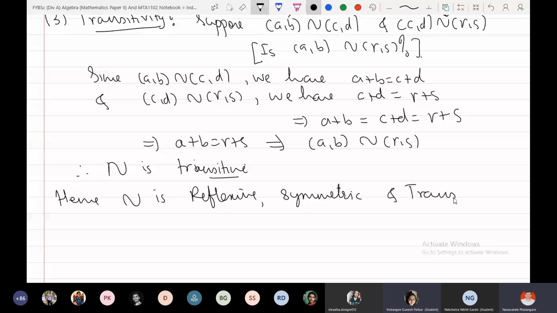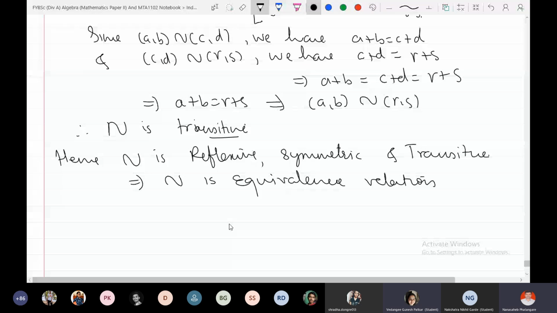This particular relation is now an equivalence relation. That is the reason why I denoted the relation by tilde. An equivalence relation is always denoted by this symbol that we mentioned in the previous lecture. So my relation is an equivalence relation.